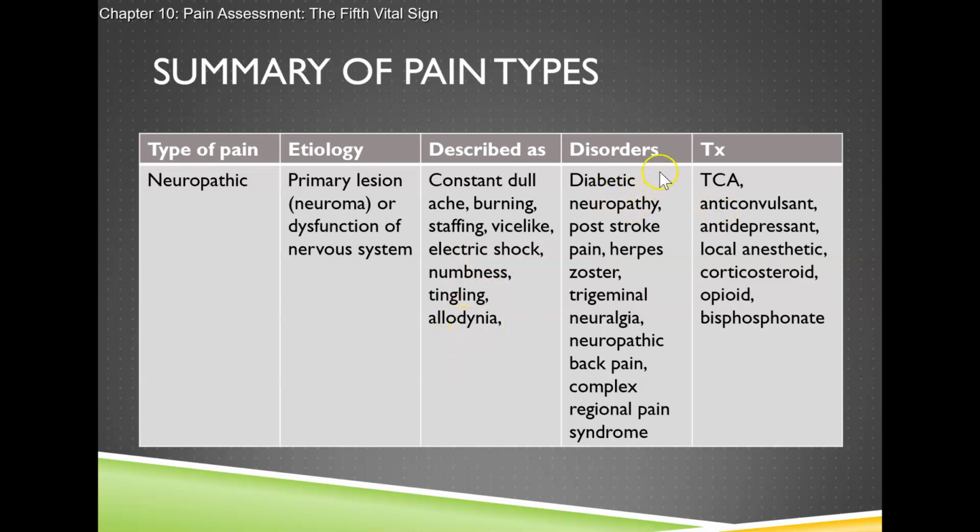So the types of disorders, remember I said neuropathic: diabetic neuropathy, post-stroke, herpes, trigeminal neuralgia. That's the pain that people get in their jaw when they say that they have TMJ. Back pain, complex regional pain syndrome.